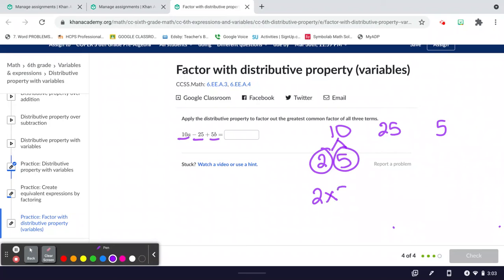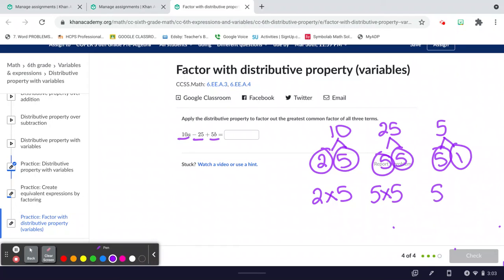My 25, that's 5 times 5. 5 and 5 are prime numbers. In order to get 5, I just have to do 5 times 1. As I look, the only number that they all have is a 5. So 5 is my number that's going to be on the outside of my parentheses.